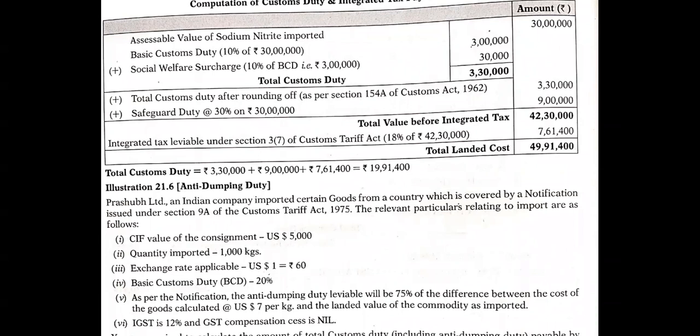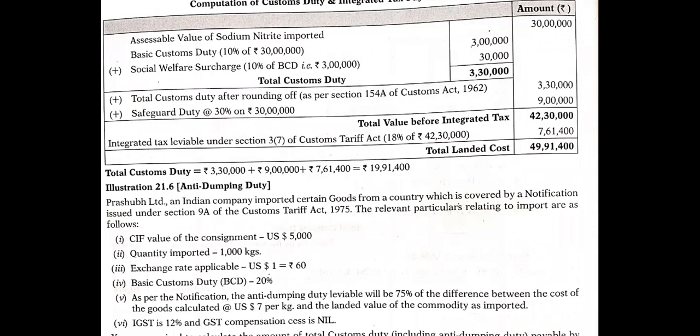Now 30% of 30 lakh is 9 lakh, additionally it is charged. Okay, now the total value of imported goods before integrated tax, 30 lakh plus 3 lakh 30,000 plus safeguard duty of 9 lakh, is 42 lakh 30,000.